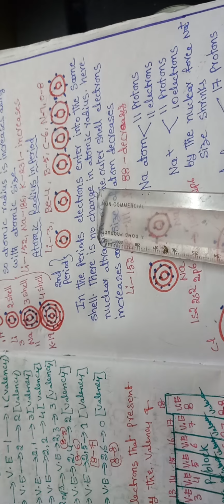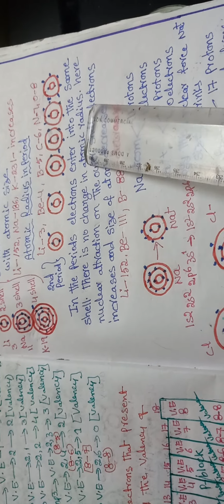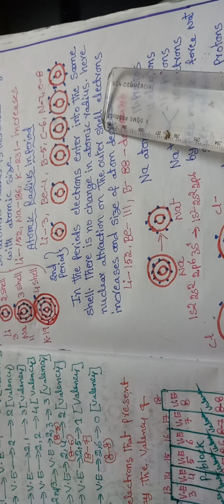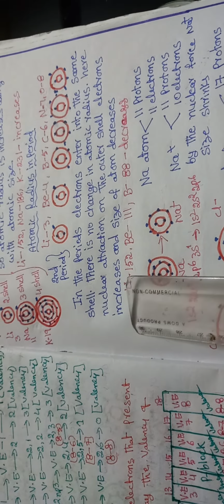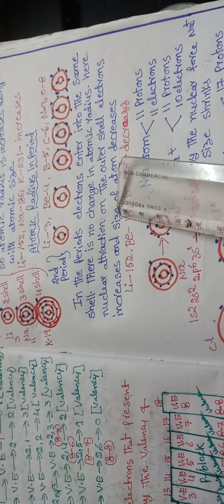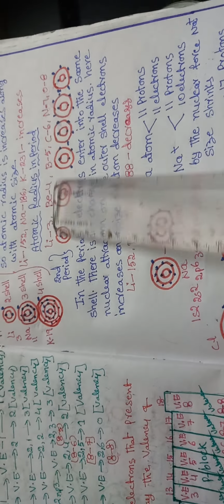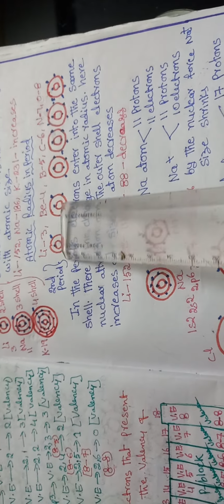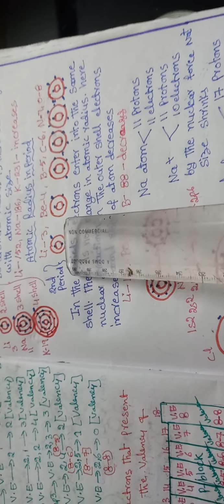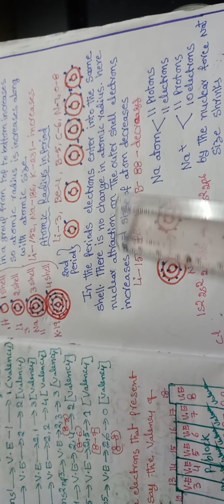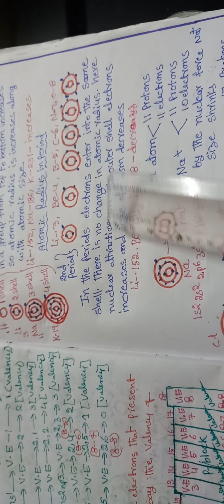There is no change in the shells. Here the nuclear attraction on the outer shell electrons increases and the size of the atom decreases. So there is no change in the number of shells because no shells are added here, and the force of attraction by the nucleus on the outer shell electrons increases.